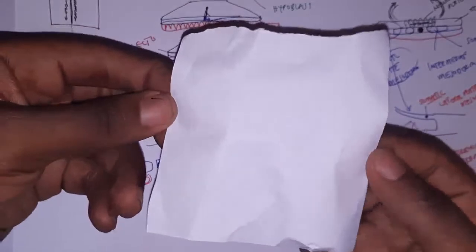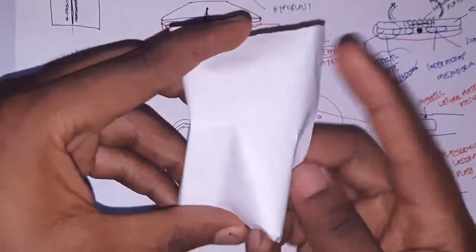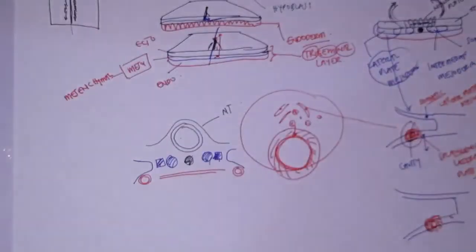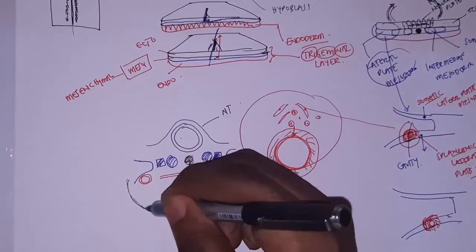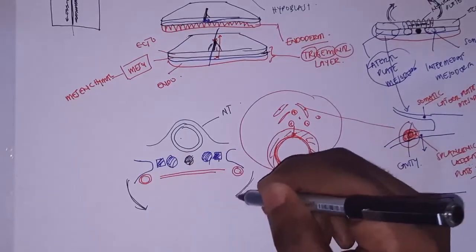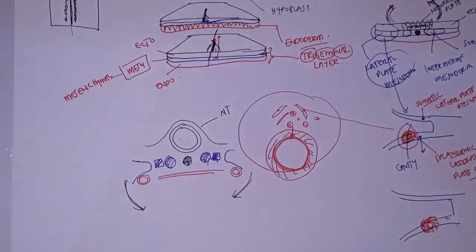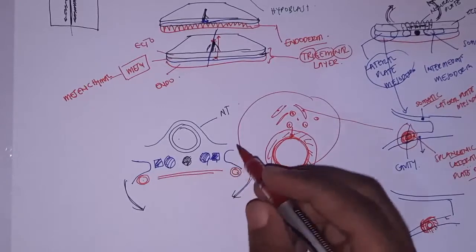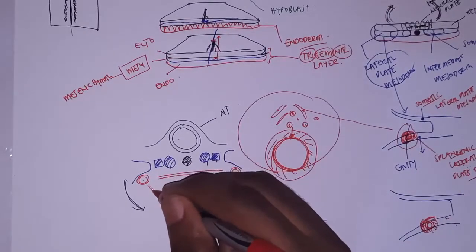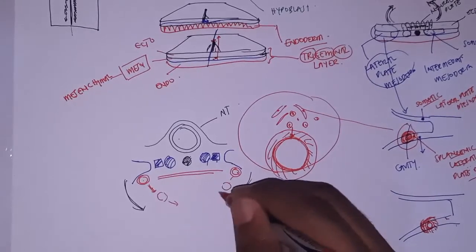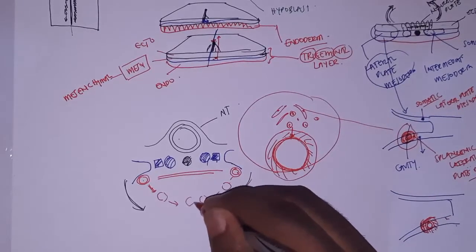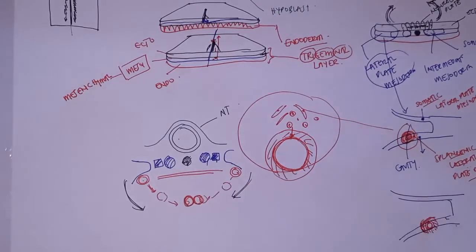So it folds both laterally and craniocaudally, such that you now have a folding this way. So these two tubes are going to gradually come till they get to the center, due to the folding.